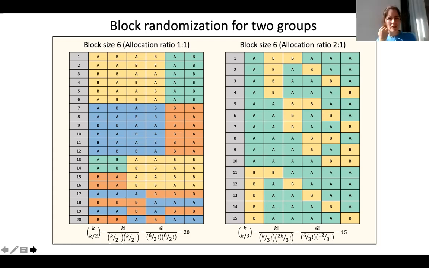Excuse me, Wilson. So yes, the allocation ratio, Clara, I was just about to ask you that, so you answered my question. If for instance you assign a 1-to-1 allocation ratio, that would try to balance each group, right? Because in some cases, if you use block randomization, groups can be imbalanced. Isn't that right?